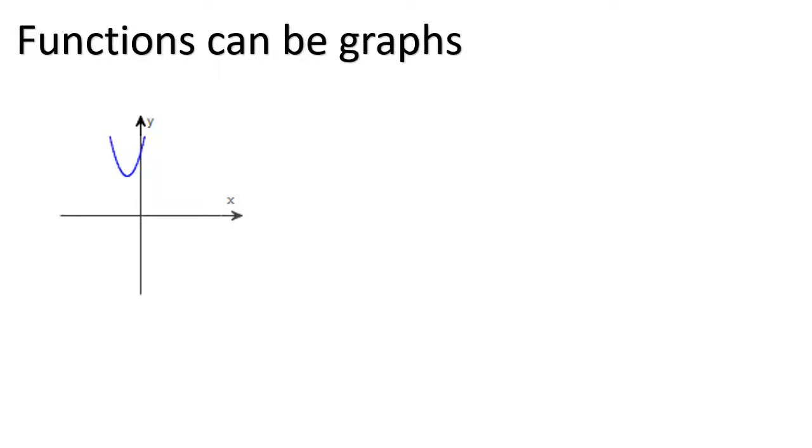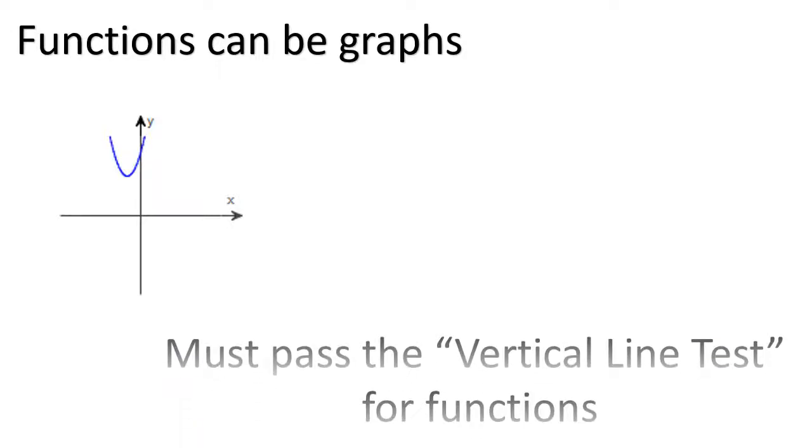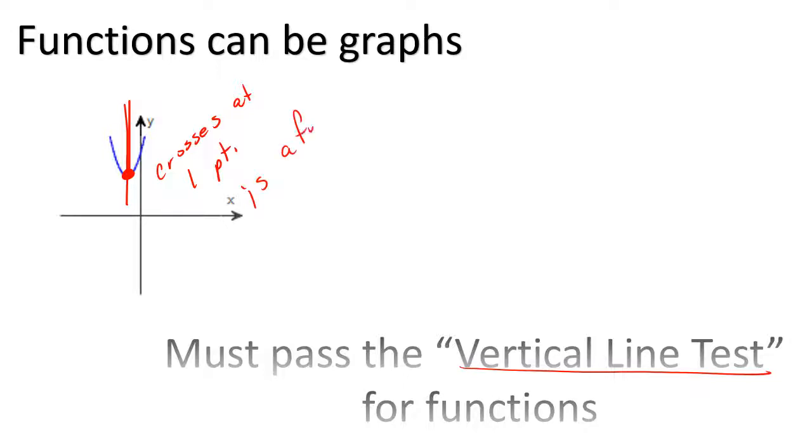And last but certainly not least, functions can be graphs. They just must pass the vertical line test. The vertical line test says, if I draw a straight vertical line, it must cross at only one point. So if a line crosses at one point on the graph that's given, then it is a function.